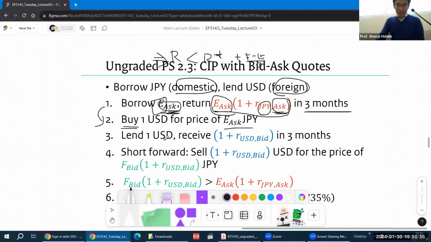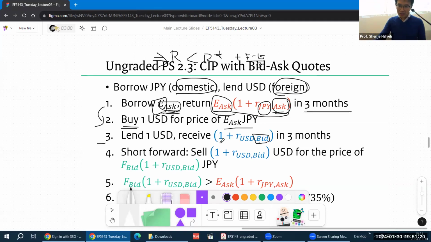All right. Step 3, we have $1 and we're going to lend it out. And because it's a loan to the market maker, it's only going to pay us interest at the lower interest rate, which is bid. Okay. So we now have a liability of E ask times 1 plus R JPY.